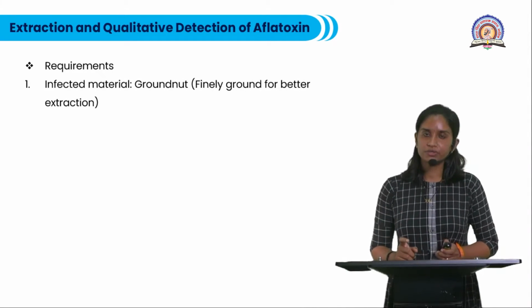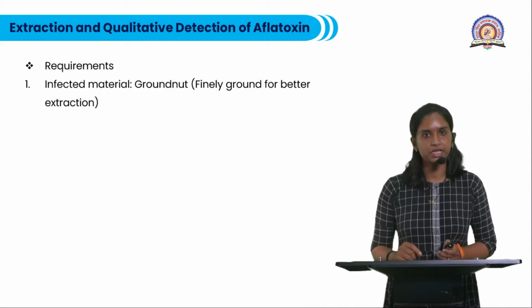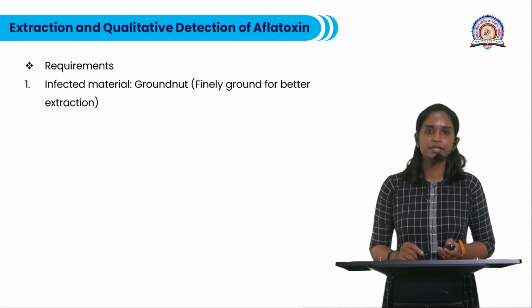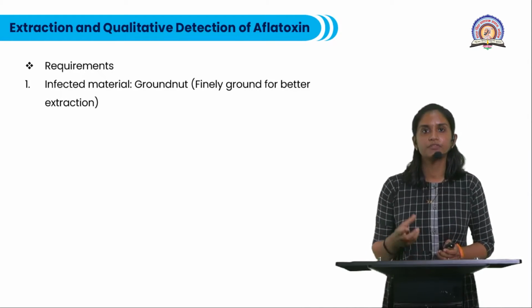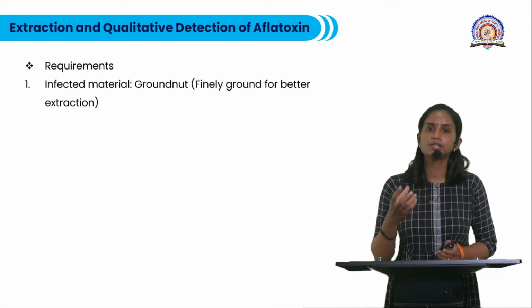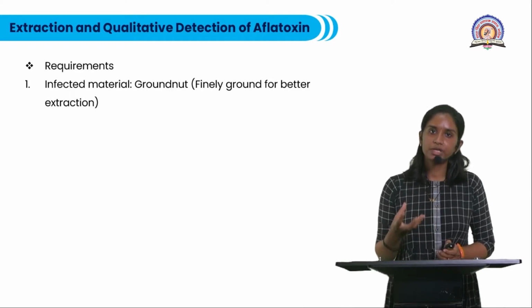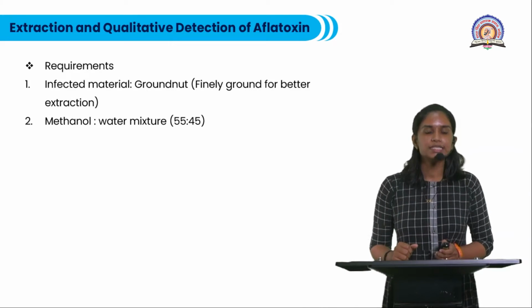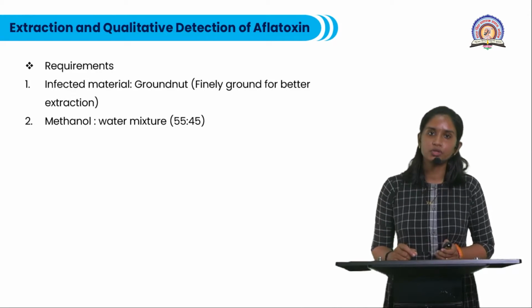What are the requirements for this? First, for extraction you need infected material, that means a spoiled food sample, that is groundnut. It is finely ground for better extraction, because if the particle size is smaller, it gives higher surface area, so better extraction is achieved. Second, a methanol to water mixture in the proportion 55 to 45.